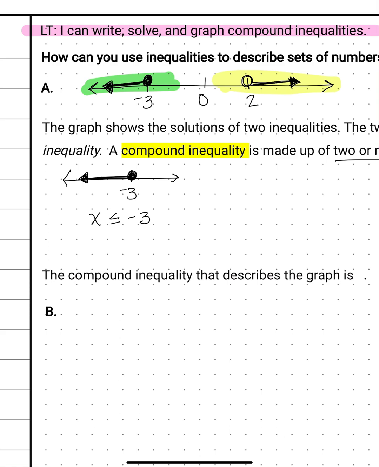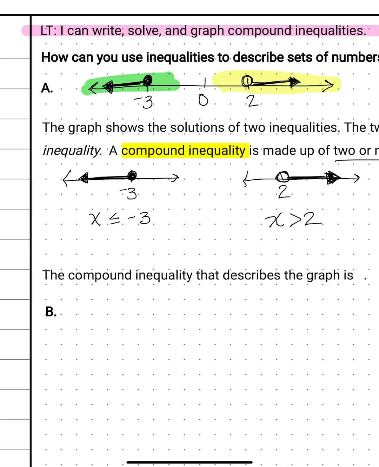which is this one over here, and we graph and represent that, go ahead and sketch yourself another number line. We're going to put our value of 2 with the open circle and all the values to the right of 2. That inequality would be x is greater than 2.